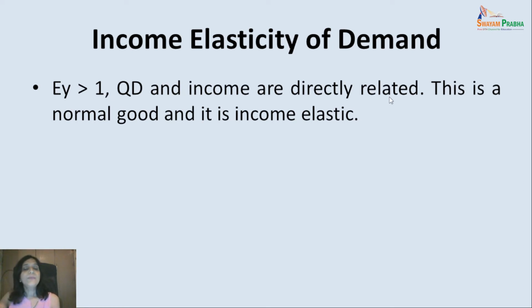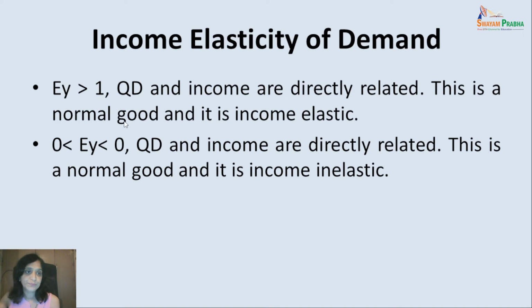That is, when the income increases, your quantity demanded also increases, and it increases more than the change in income. In this situation, we say that the demand is income elastic, and this happens in the case of normal goods.